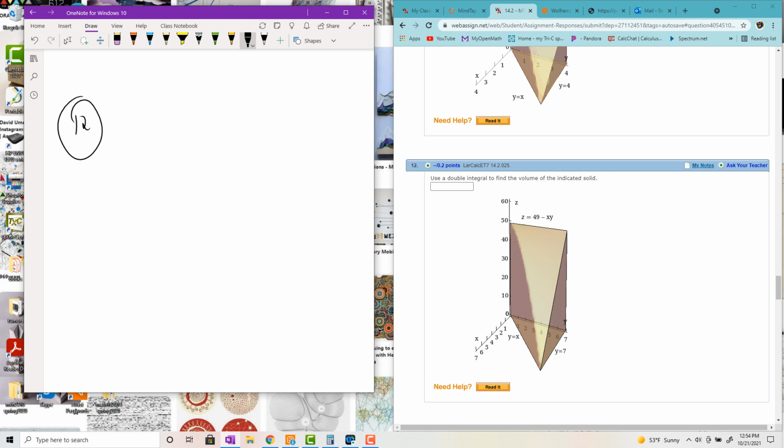We have the region marked off, and I'm going to put it in the xy plane just to make life a little easier on me. Looks like y equals x, and then y equals 7. 6, 7. Okay, so it just comes about right there, and it's this region.